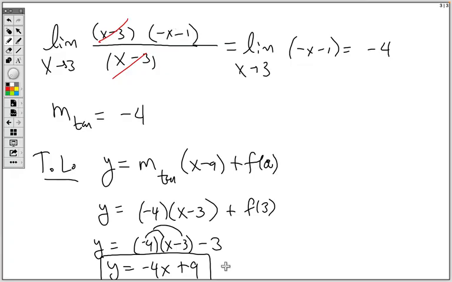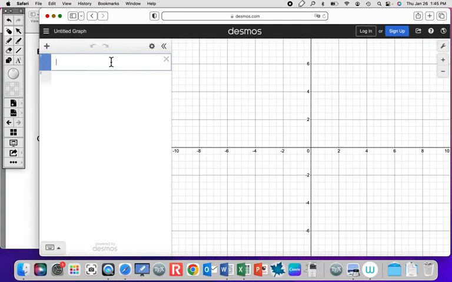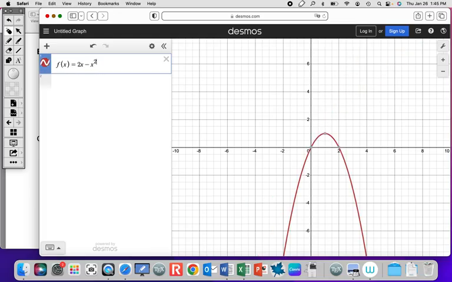So if we want to check that that really and truly is the tangent line, I'm going to graph the function. I'm going to graph the line, and I'm going to look at how they look near the point in question here when x equals 3 and at f of 3. So our function f of x is 2x minus x squared. We're looking at the point 3 comma f of 3, which is right there.